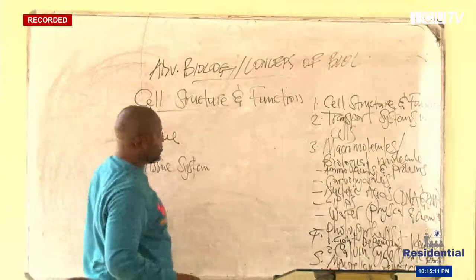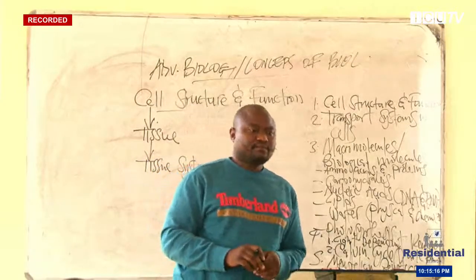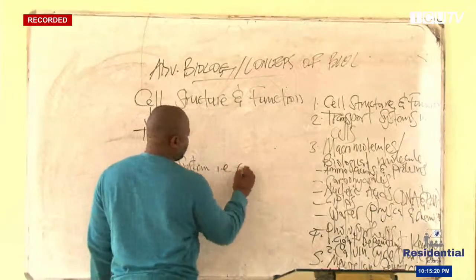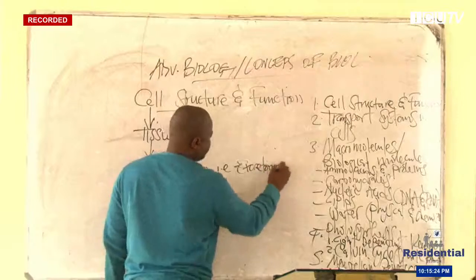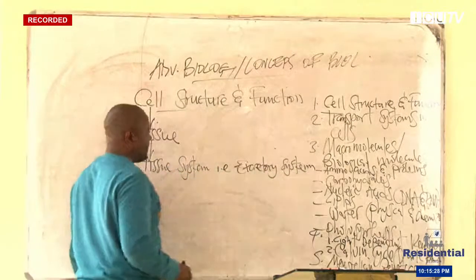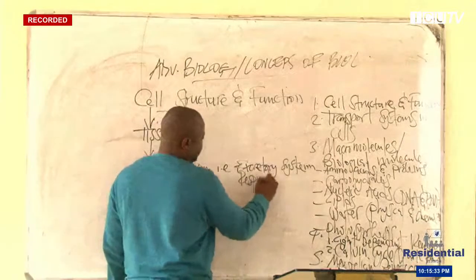A group of tissue systems working together, what do they form? This system that we are talking about, for example, we can say respiratory system. Some examples that we can give.